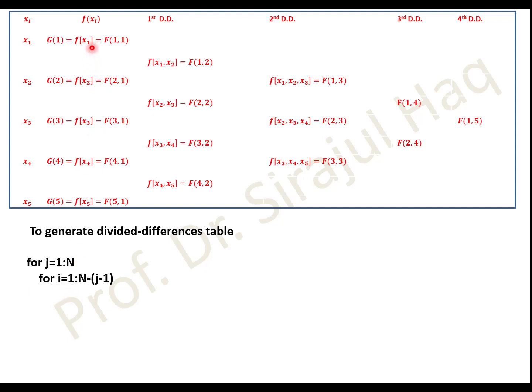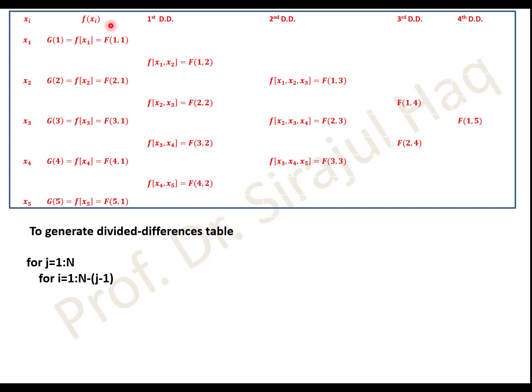Because you can see in this column we have 5 rows, in this column 4 rows, in this column 3 rows, then 2 rows, and a single row. As the value of j increases, the number of rows decreases by 1. That's the reason I have written i starting from 1 up to this quantity.